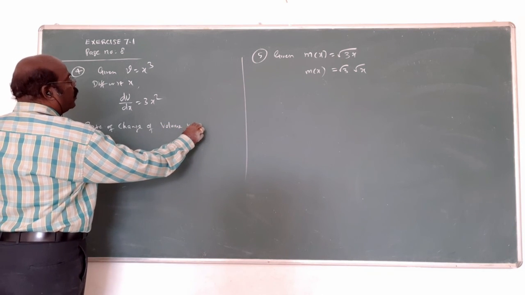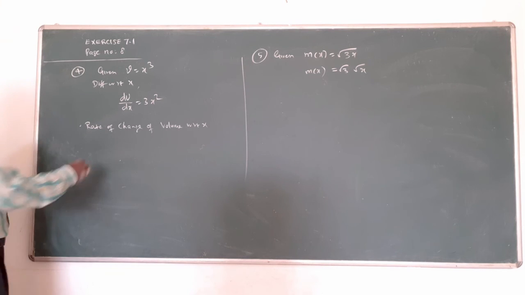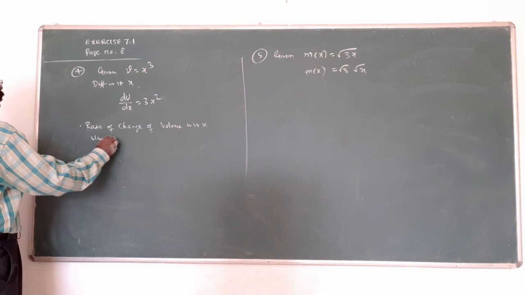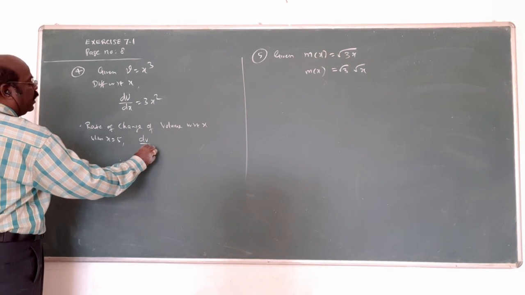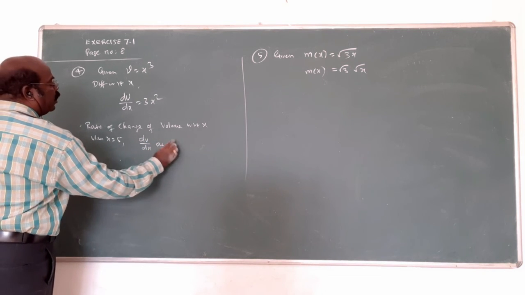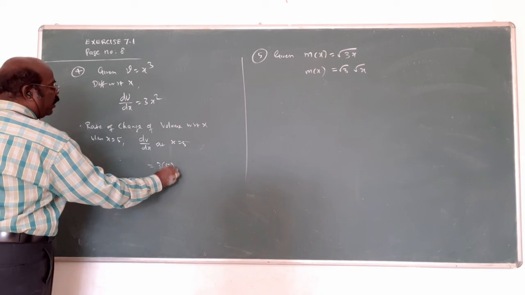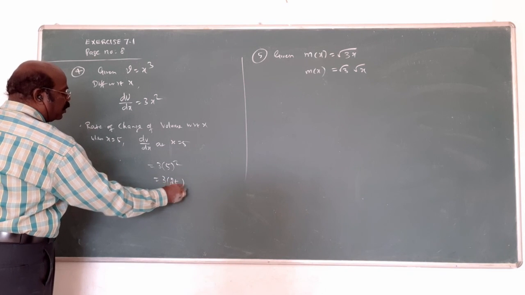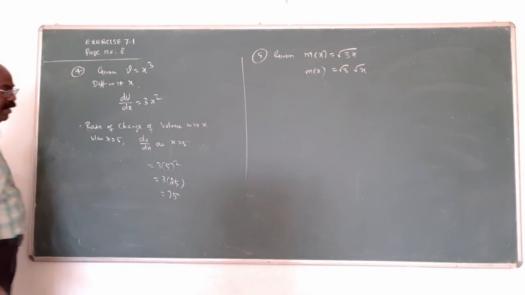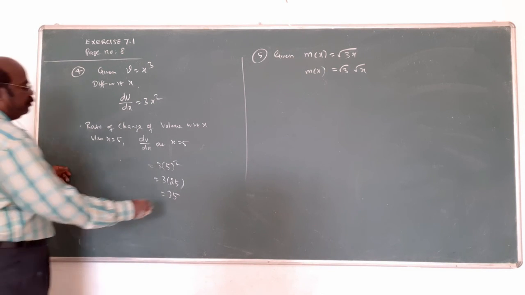That means dV by dx at x equal to 5 is asked. This is 3 into 5 square. Am I right? 3 into 25 equal to 75. This is the answer, 75 units. This is called units.